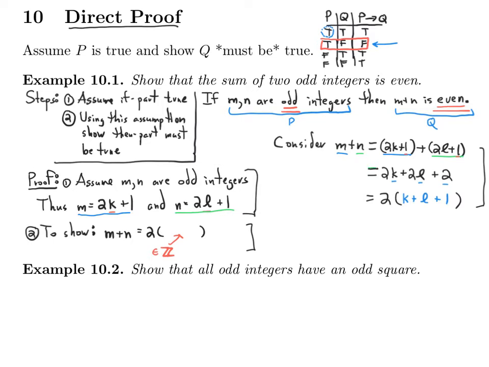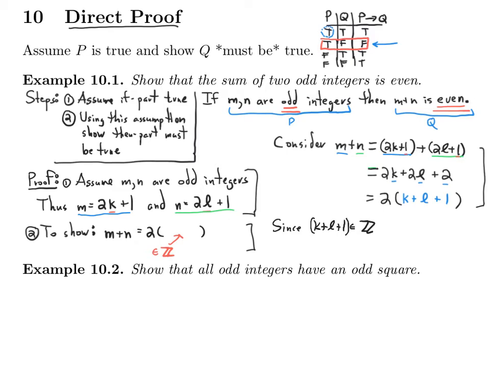And what have I done? Well, I've written m plus n as 2 times some integer. I have k and l and 1. They're all integers. And if I add them together, remember the integers are closed under addition, so I get another integer. So I can say, since k plus l plus 1 is indeed an integer, and maybe I'll put some brackets around that just to say I'm considering them as just one number.